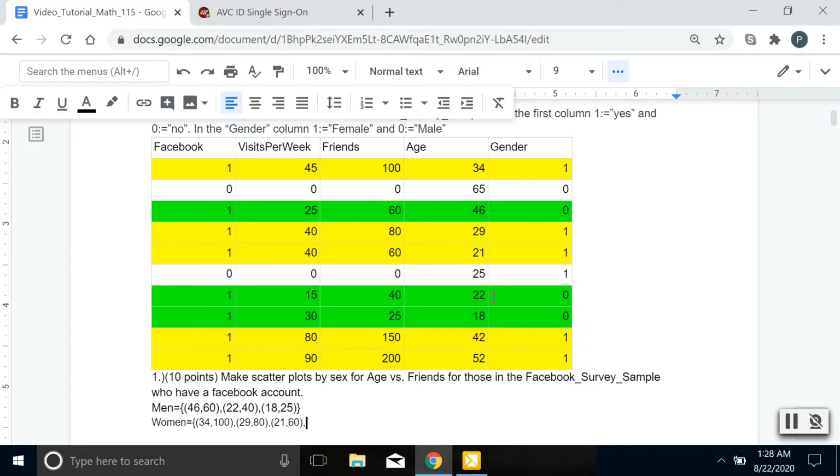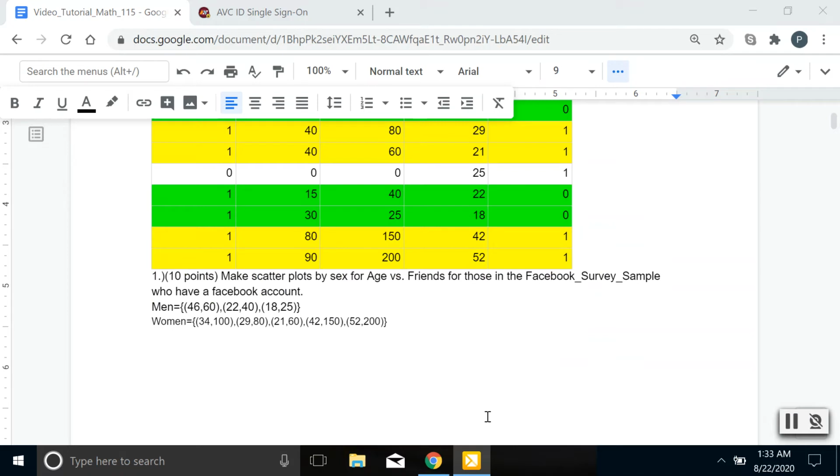Then we'll have (42, 150). And then (52, 200). Okay, so there are my ordered pairs for our scatter plot. We're going to be using these in our scatter plot.